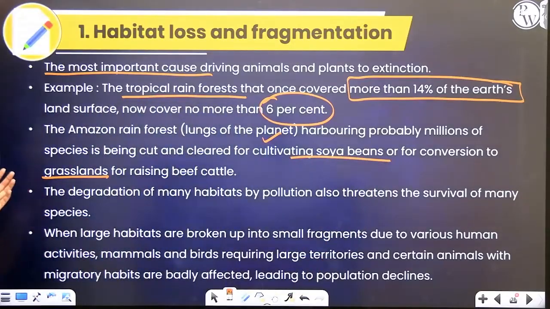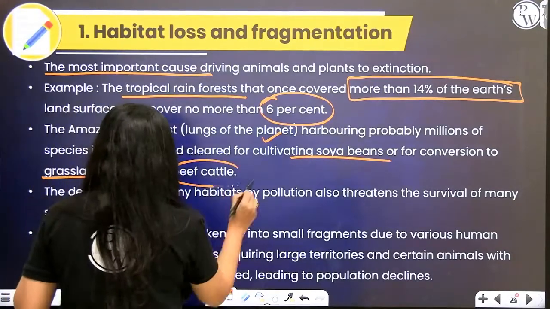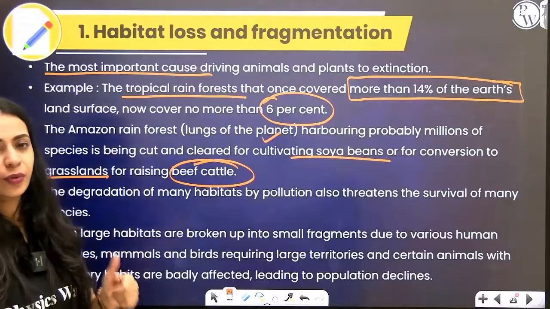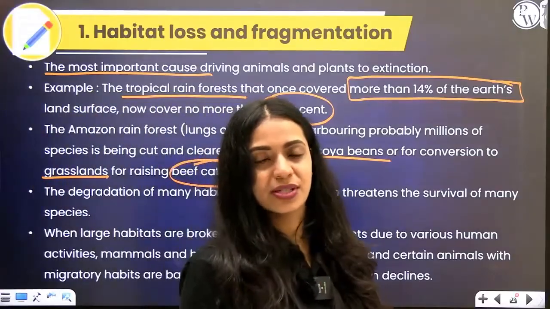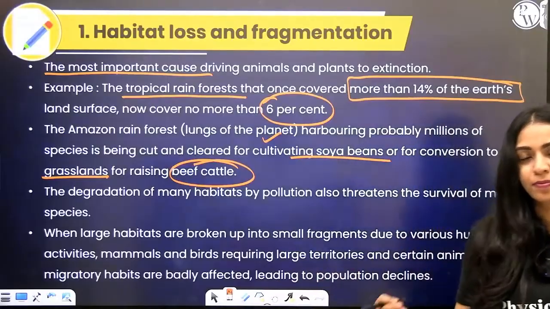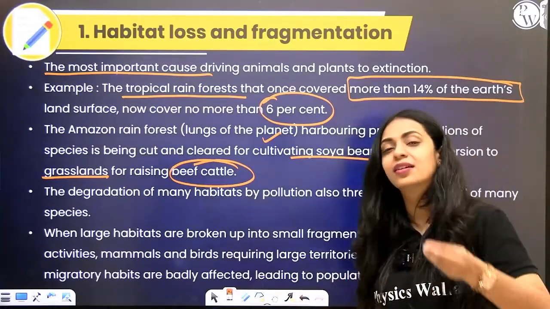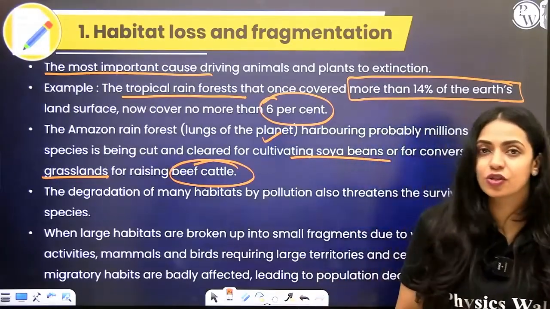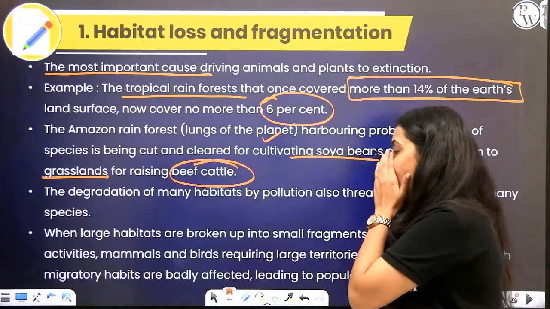And the reason why they're cutting these forests and converting it into grassland is because they need food for cattle. Why do they need to feed cattle? Because they want to kill that and make beef and eat the cattle meat. Because of that, large areas of forests are being cleared out.